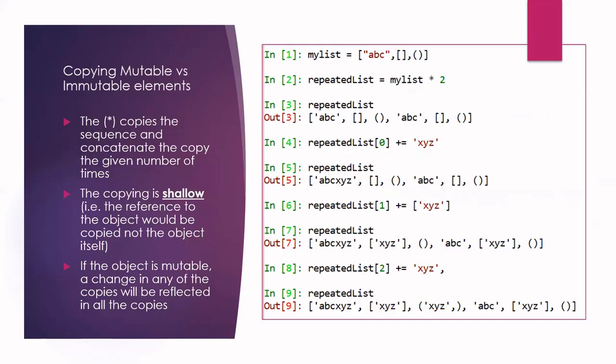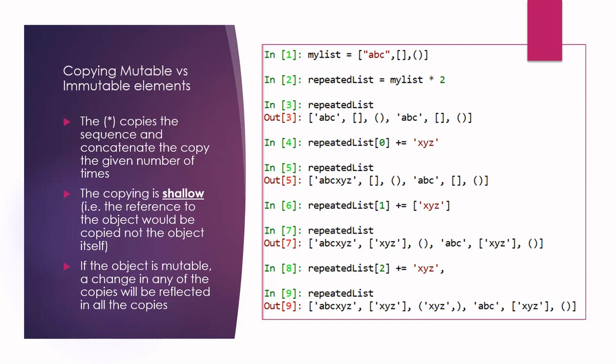Okay, so when we have a list like this, that has some elements that are mutable and some elements that are immutable. So we have this list here that has a string, and is the string mutable or not? No, it's not.